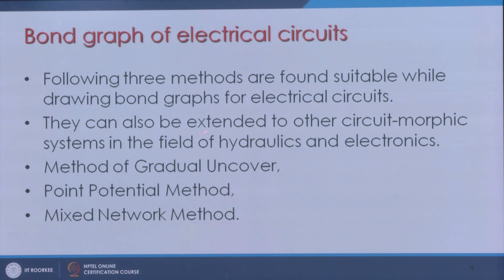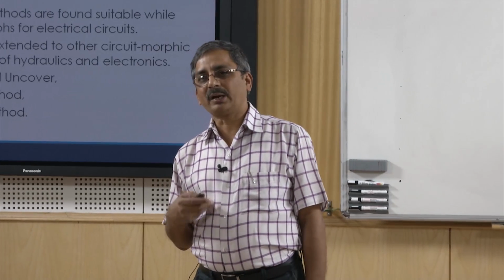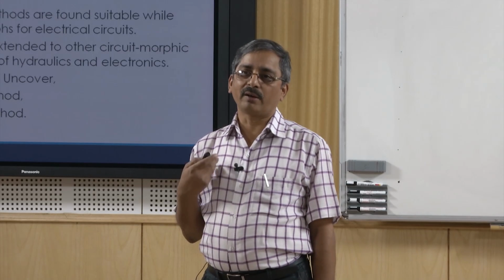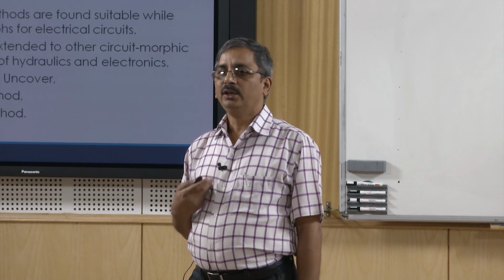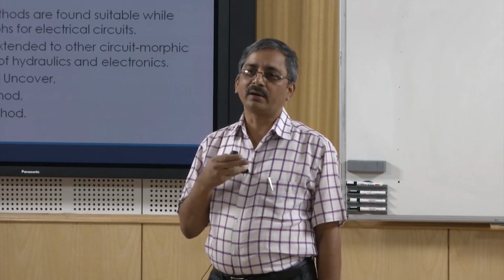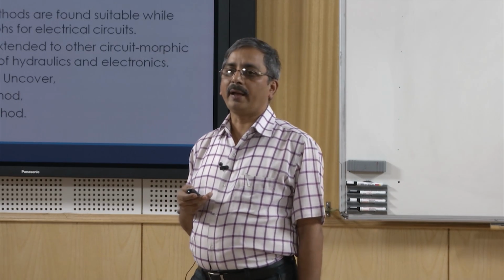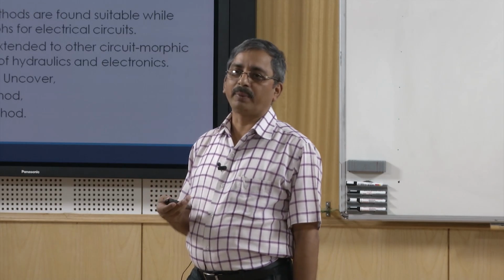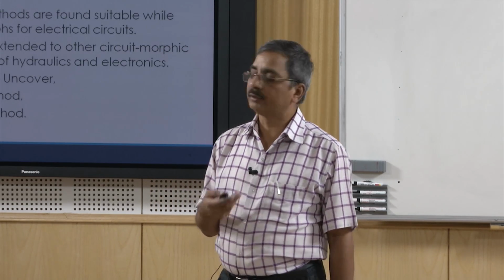In the method of gradual uncover, whatever complex series or parallel combinations are there, we cover them in some way, then draw the circuit, and at a later stage we uncover those parts.